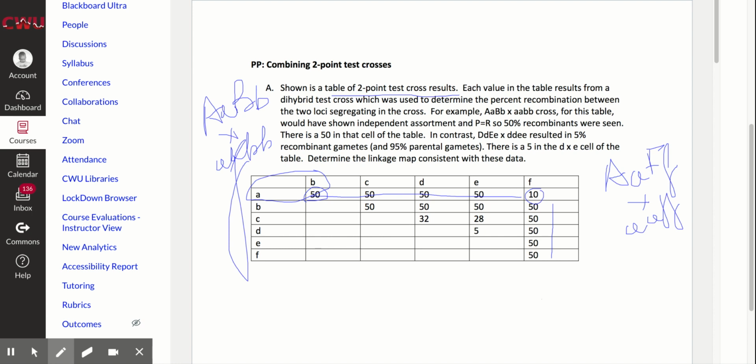So all of the genes given in these two-point test cross results are not necessarily linked to each other. We might have more than one linkage group, little clusters of things that are linked.